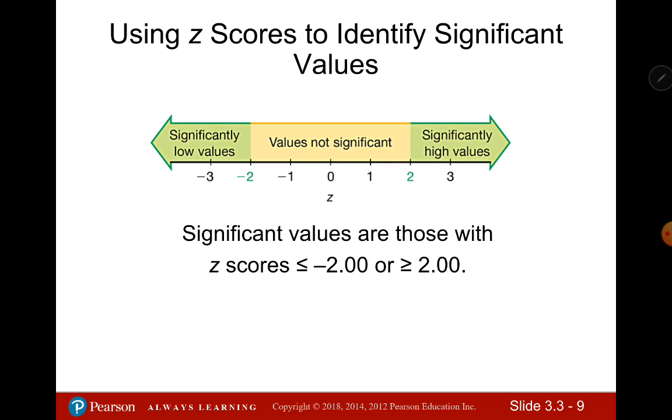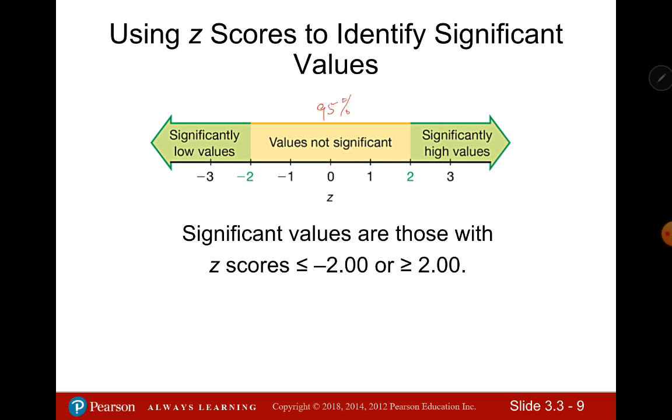This kind of value, we call significantly low values. Similarly, any values with z-scores greater than or equal to +2, we call significantly high values. Of course, we have another situation. The 95% of the data in the middle are not significant at all.